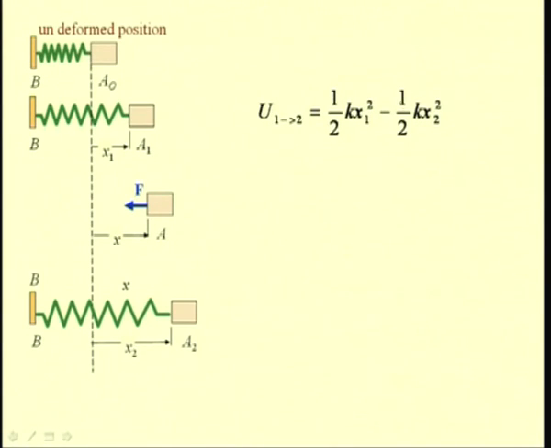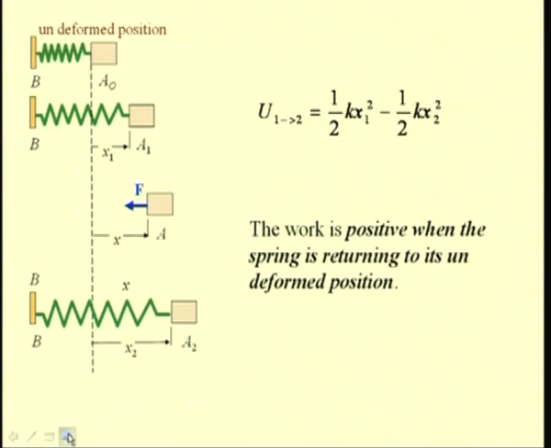If we again see this term, this work is positive when the spring is returning to its undeformed position. That means, when the body moves from A2 to A1, this work is positive, or the work is done by the spring on the body.